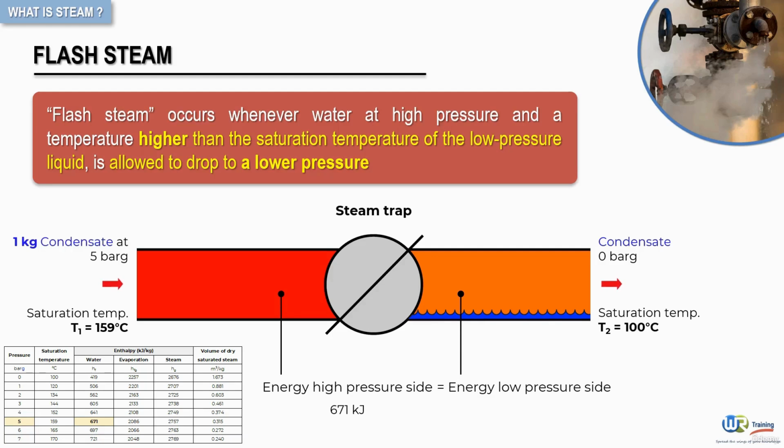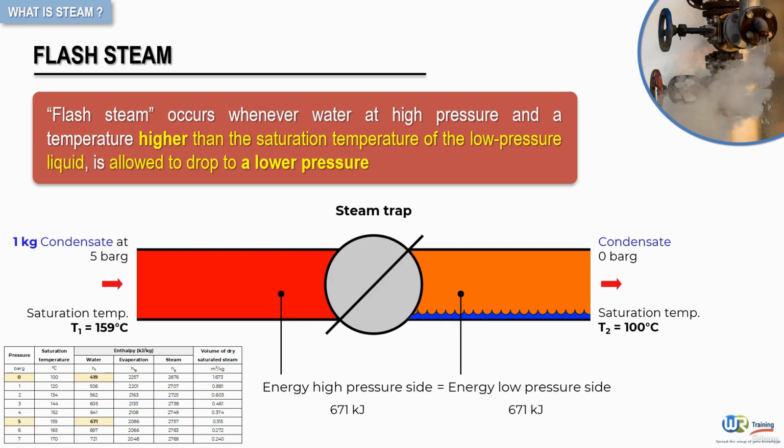Consequently, the heat contained in 1 kilogram of low pressure fluid is also 671 kilojoule. However, water at 0 bar gauge is only able to contain 419 kilojoule of heat, as was discussed in a previous video.